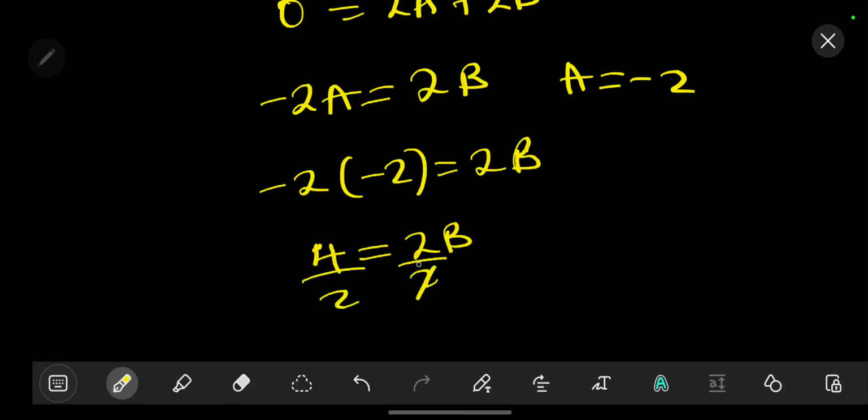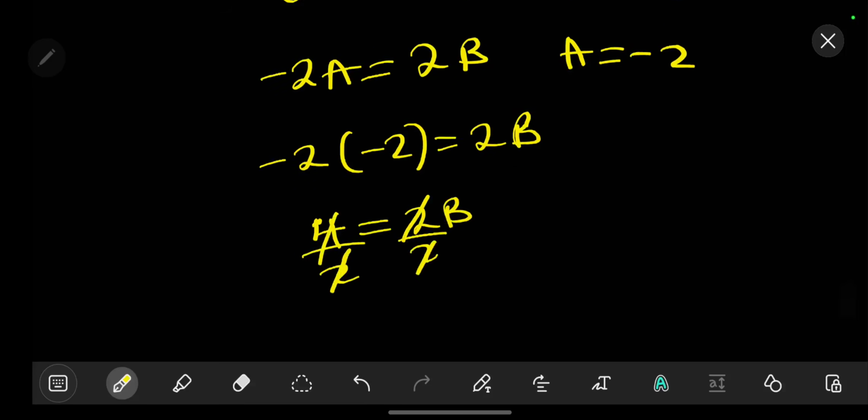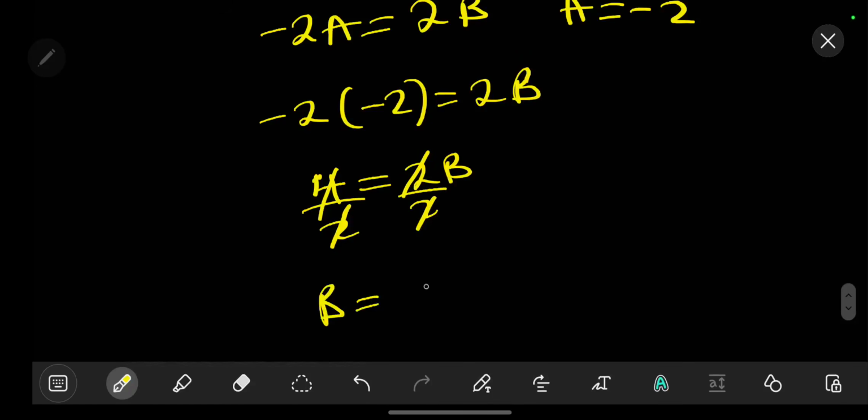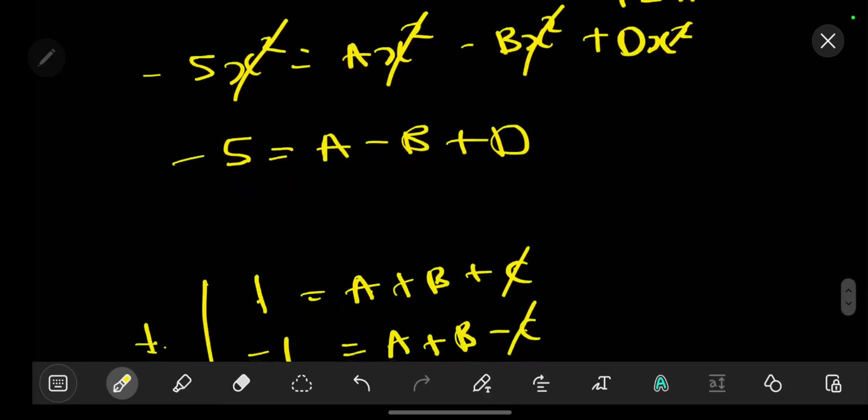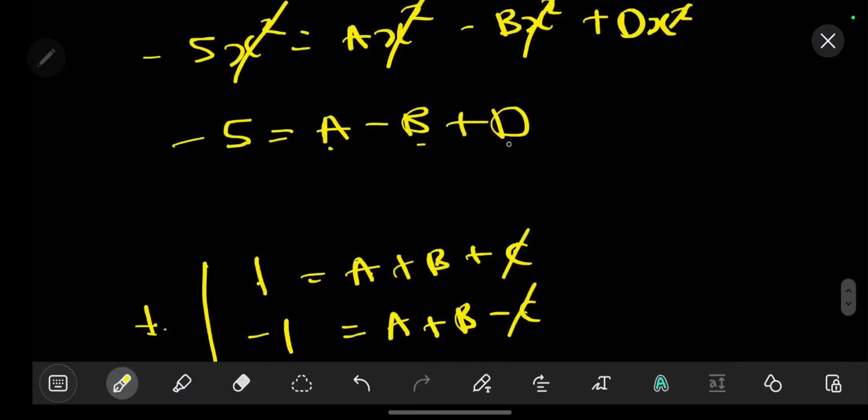Over 2, that will give us a value of b equal to positive 2.